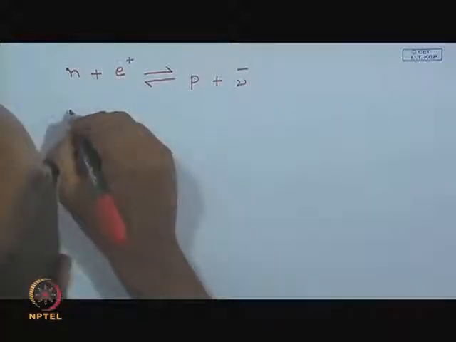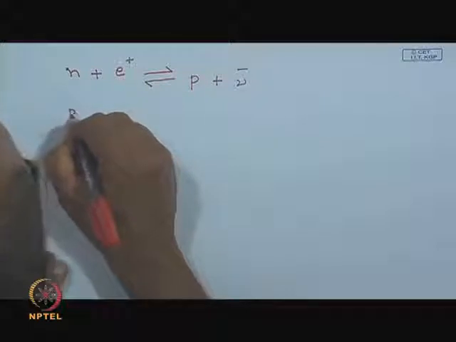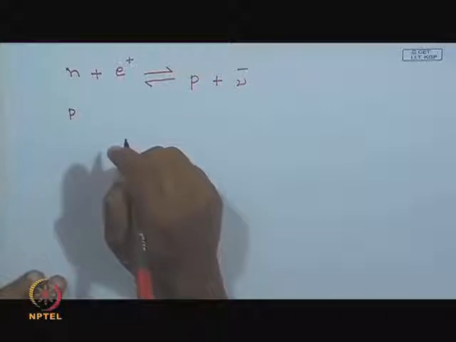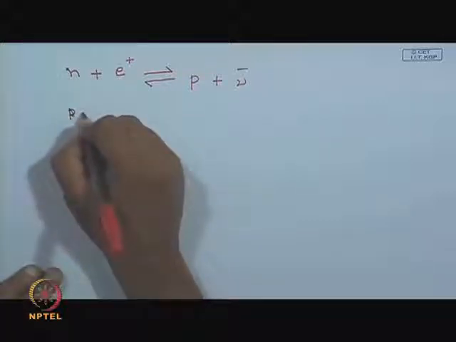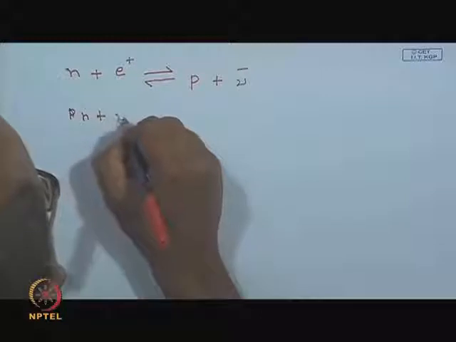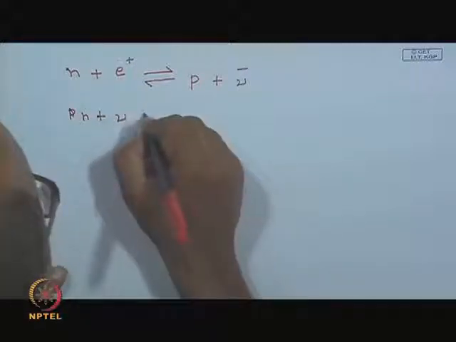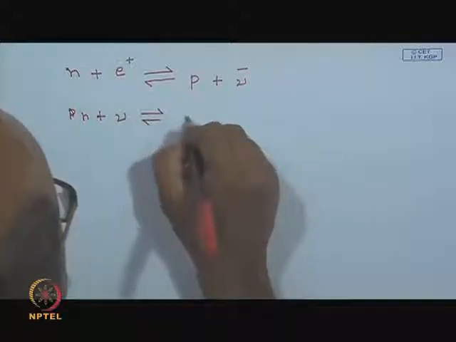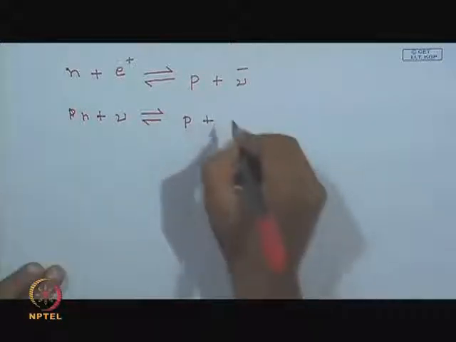The second reaction is that a neutron can interact with a neutrino to form a proton and an electron.